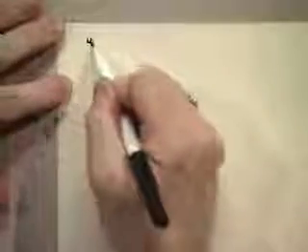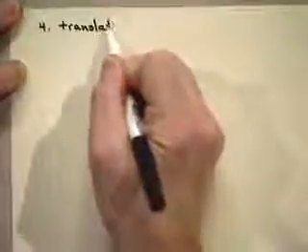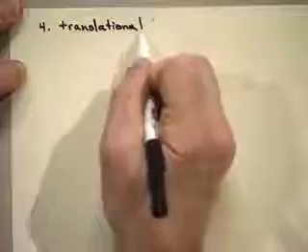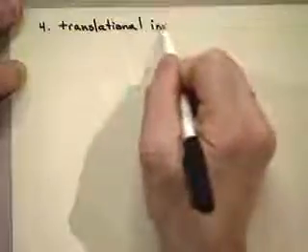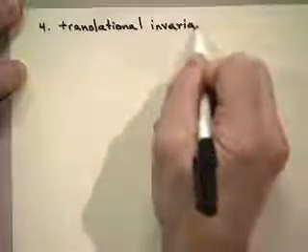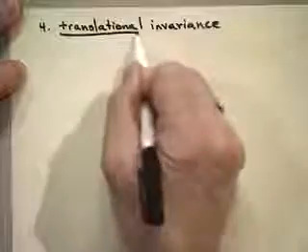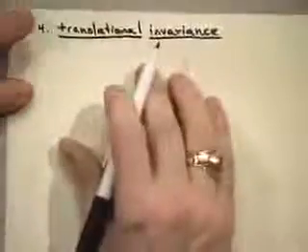Now, there's a couple of properties that are going to be useful to us when we have additive white Gaussian noise for these detectors. And the first one is called translational invariance. Sorry, not independence. And it's a pretty simple concept.